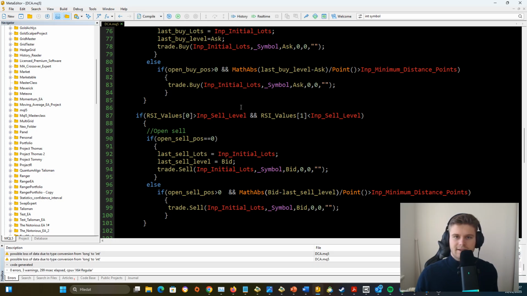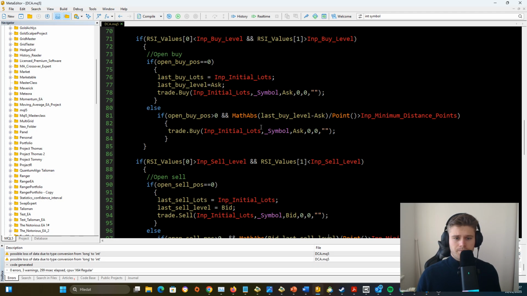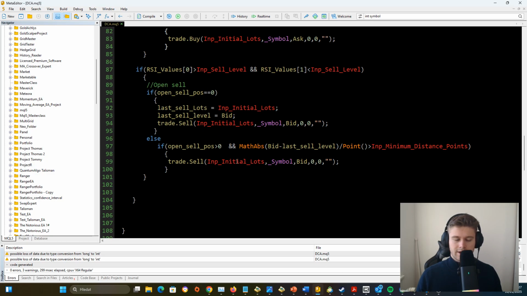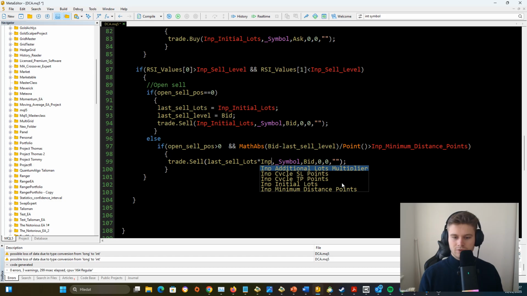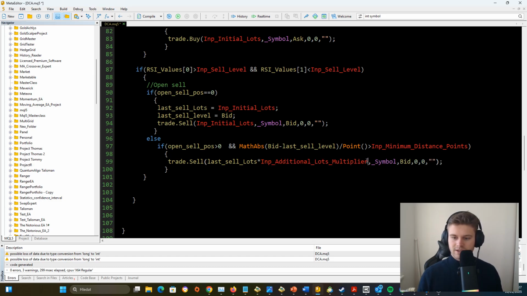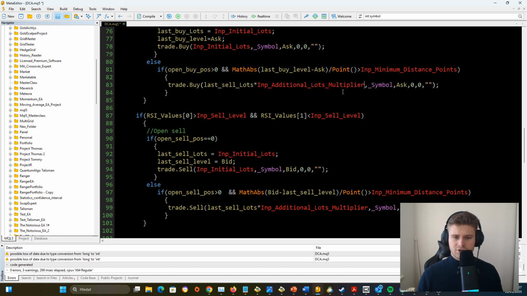Yeah, and here there is one more thing I have to do. In the additional position, I can't use input initial lots. I have to use last sell lots times the input additional lots multiplier. So now I am multiplying the lot size for those additional positions.